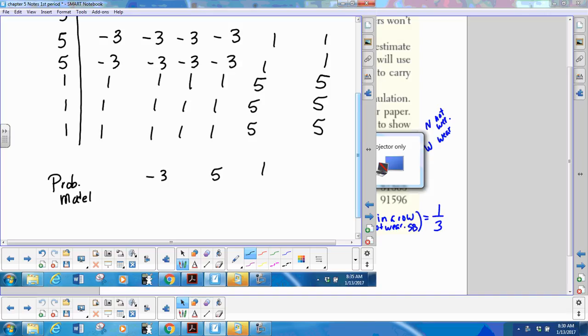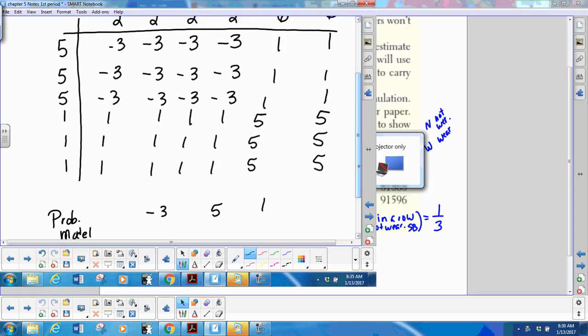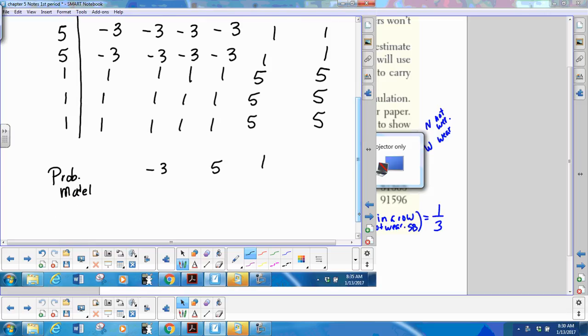And how do you figure out the probability? Well, you see how many possible things can happen. So what's the probability of getting a negative 3? Let's see, 1, 2, ... 11, 12. 12 out of 36, which if you counted all these up, is 1/3.